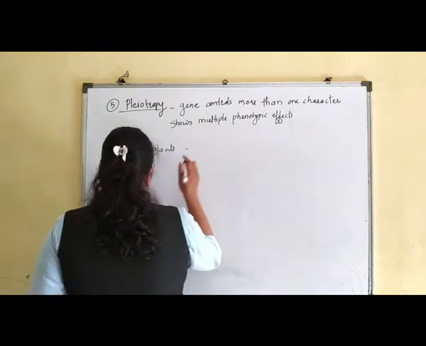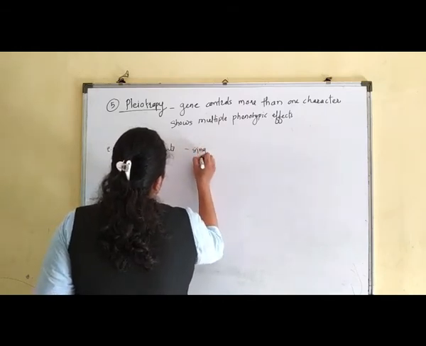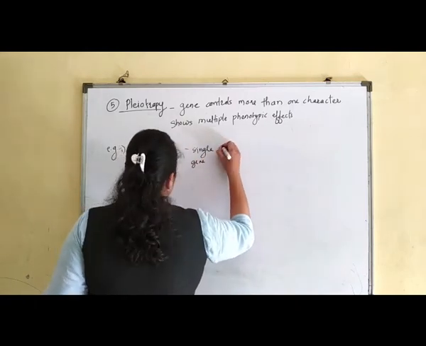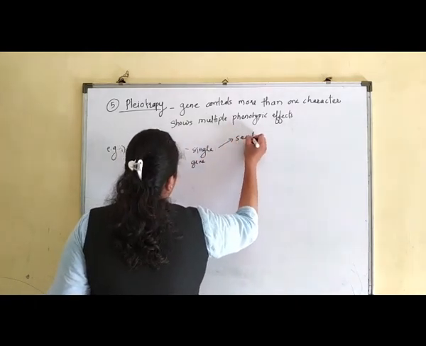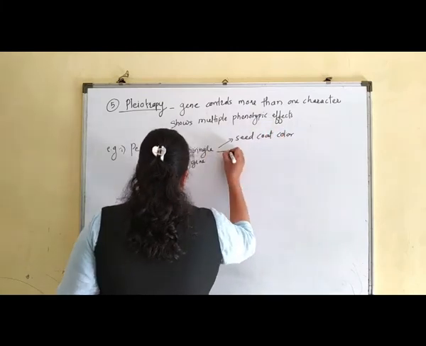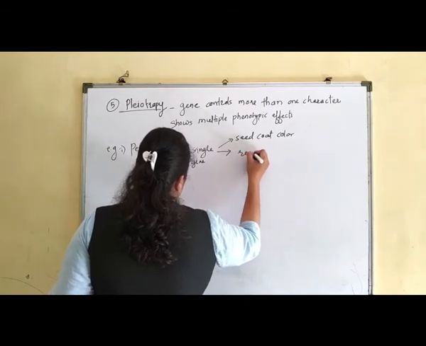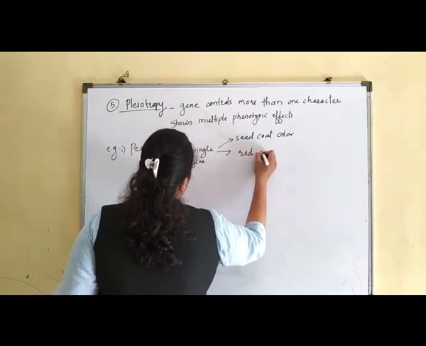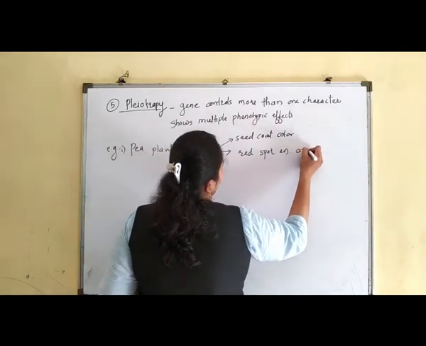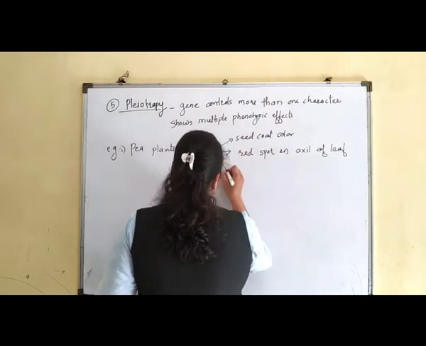So in the pea plant, a single gene can control multiple phenotypes like seed coat color. The same gene can control the red spot in the axil of the leaf, as well as being responsible for flower color.